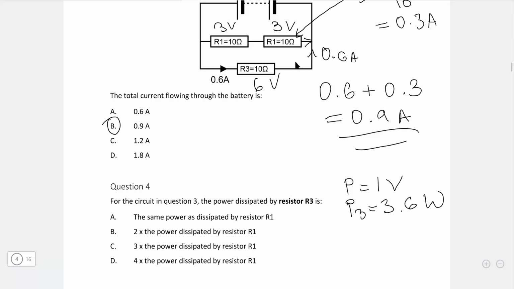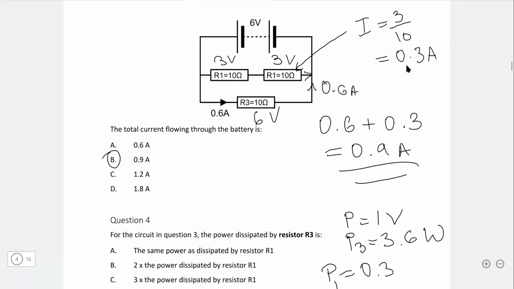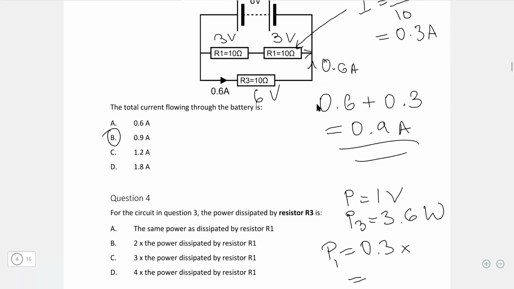Now the power through R1, let's call it P1, will be equal to 0.3 amps, because we found the current to be equal to 0.3 amps, multiplied by the voltage across the resistor R1, which is 3 volts, as we talked about.